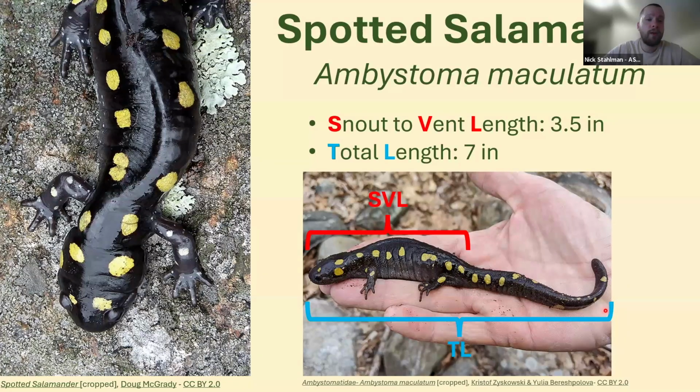It's going to grow back, but it takes some time. So a more standard measurement is going to be the snout to vent length because that's not going to change. Whereas the tail might get injured, parts of it might break off, and it's going to add additional length. So it's an important measurement to obtain, but the snout to vent length is kind of the standard thing. It's going to be the most repeatable.